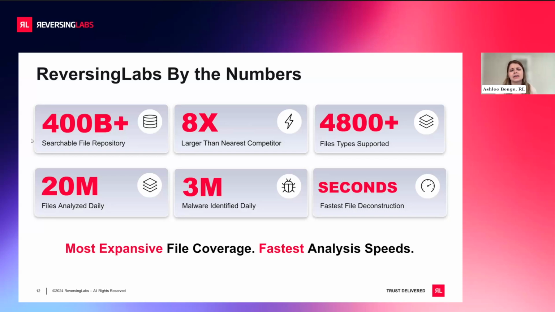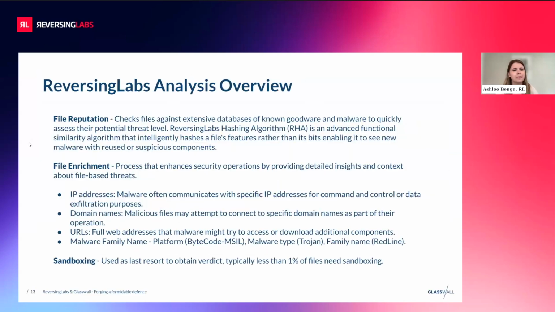And I would say that that's the key differentiator here, is that we're able to deconstruct these files and compare them to our file repository, what we've seen before, in a way that is a little bit different. We do this by hashing sections of the files versus comparing the entire thing. And so by doing so, we're really able to get very granular with all our analysis and identify very nuanced types of malware. If you could go to my next slide, Stuart.